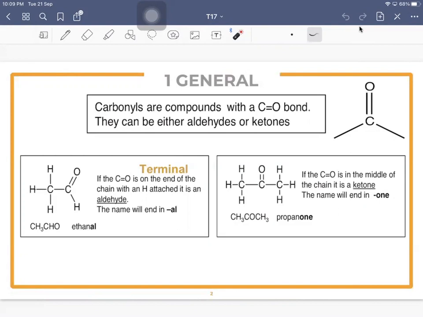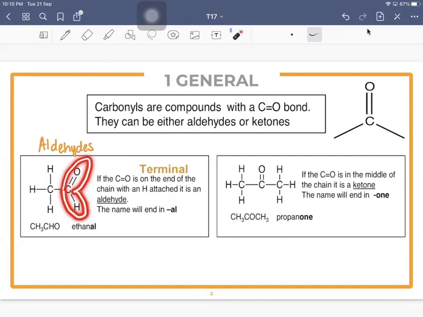Now for aldehydes, usually the functional group is when you have the C double bond O attached to at least one hydrogen.